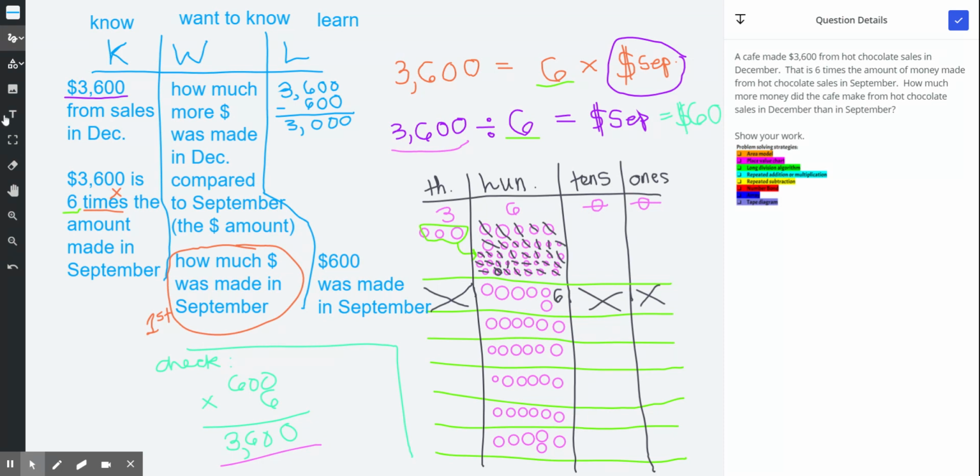Which means that when all is said and done, the cafe made 3,000 more in December than September.